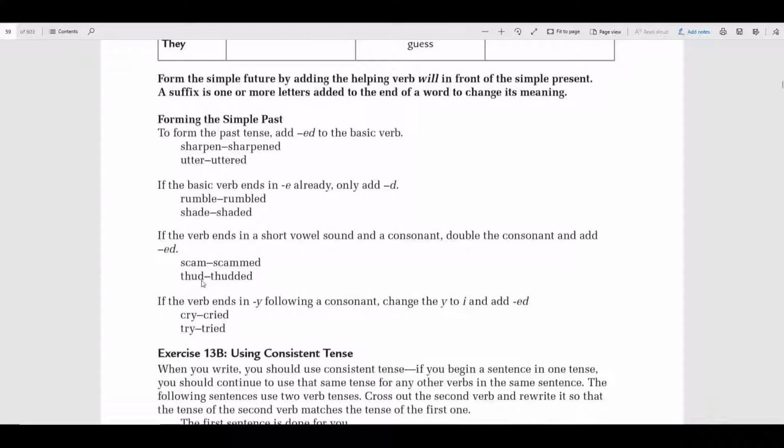When it is a short vowel sound with a consonant, you're going to double that consonant when you spell it. If the verb ends in y following a consonant, change the y to i and add ed. So here these end with a y with a consonant in front of it, so change the y to an i and add ed. These are pretty easy. You should have those, I'm sure.